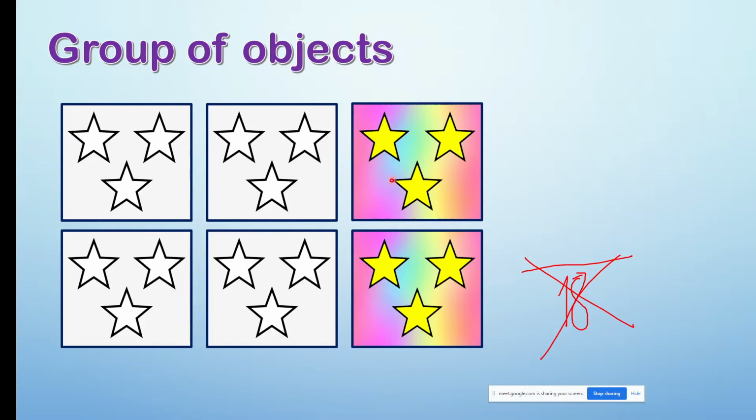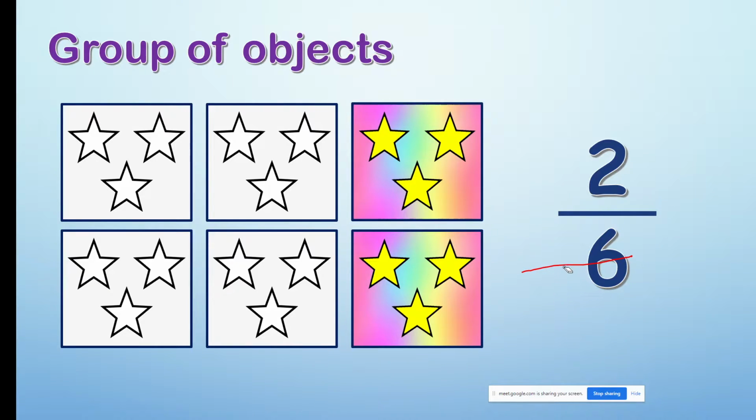And then you have two shaded groups, two shaded parts. So that will be 2 as the numerator. So what is this fraction? How do you say this fraction? It is 2/6. Correct.